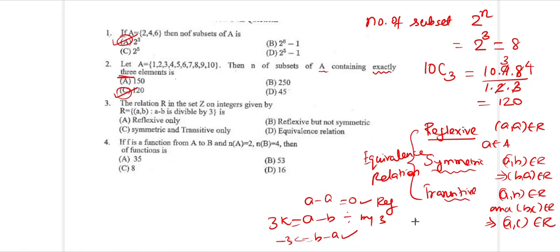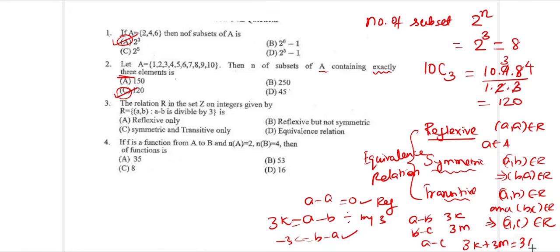If A minus B is divisible by 3, let me write it as 3K. B minus C is divisible by 3, so let me write it as 3M. So what will be A minus C? A minus C is just the addition of the two. Minus B plus B cancels off. So it is 3K plus 3M.